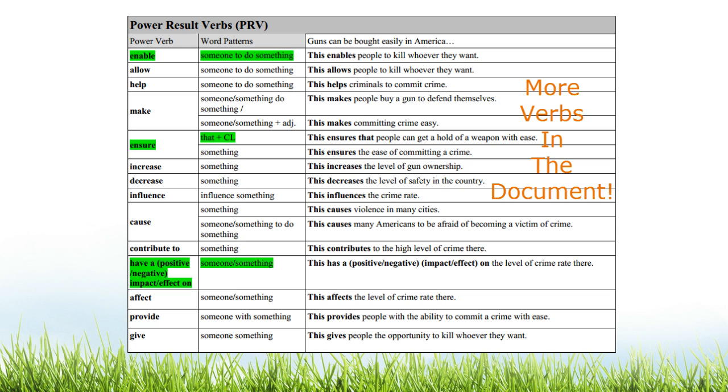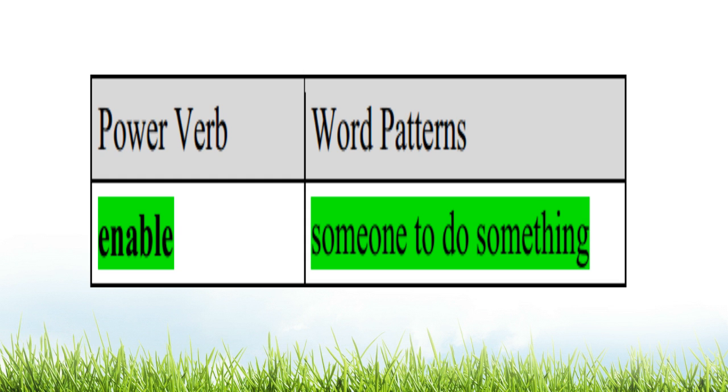Beside each verb, there's what I call word patterns. That is, you need to know how the verb is used, the pattern of use. This is something I'll cover more in the third video. It's an important element of vocabulary and using a word properly. For now, let's look at the word enable. The word pattern is someone to do something.